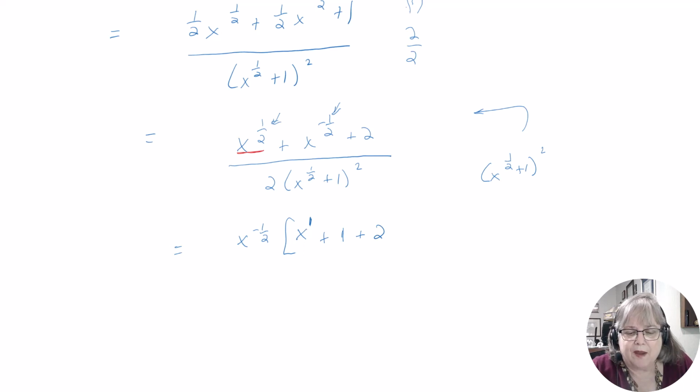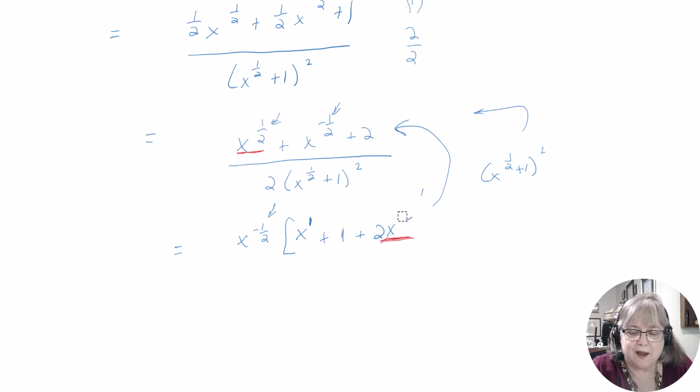Now, x to the minus 1/2 times something gets me back to just a plain 2. So what does this power right here have to be? So that minus 1/2 from here plus something here gets you no x's at all up there, right?